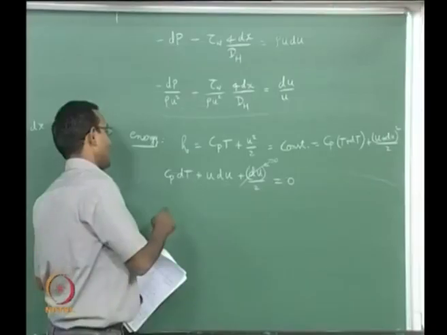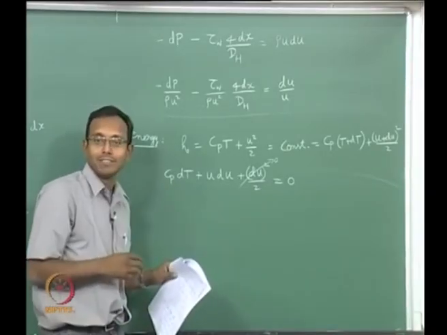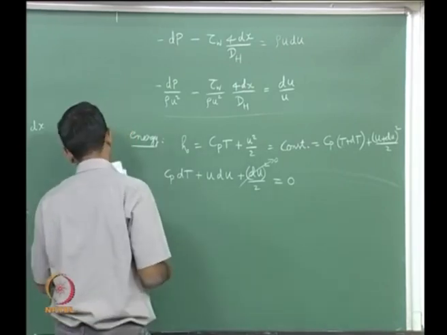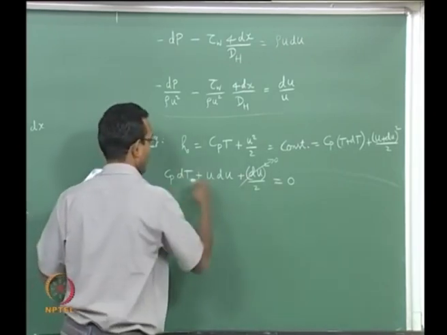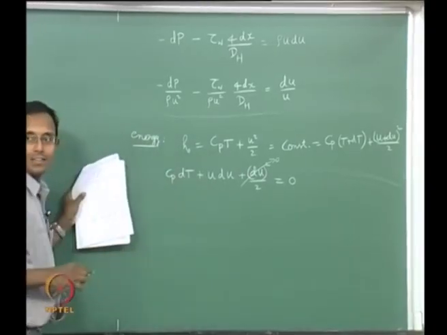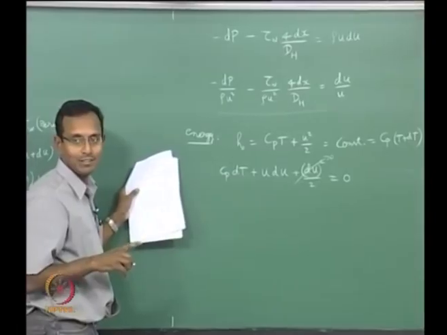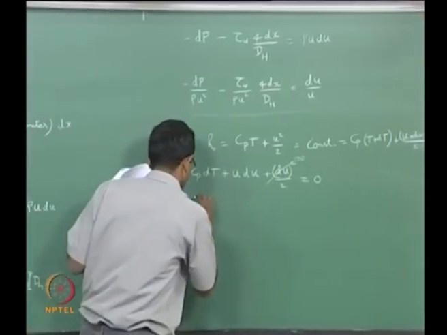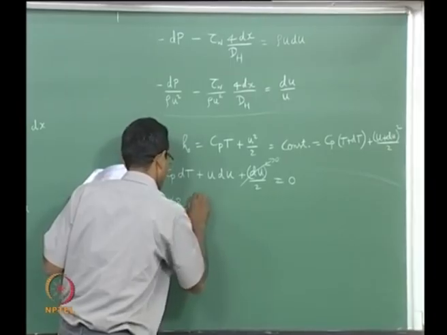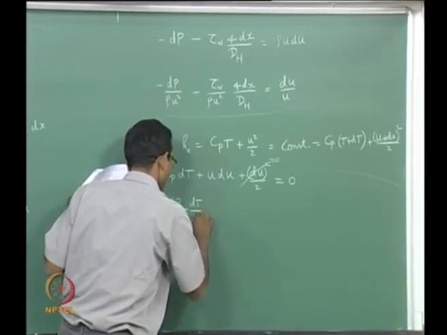Now I want to write this as dT by T, similar to du by u. So when I write it as dT by T, I divide this whole equation by T. And I will write Cp in terms of R: gamma R by gamma minus 1. I will put a T below now.